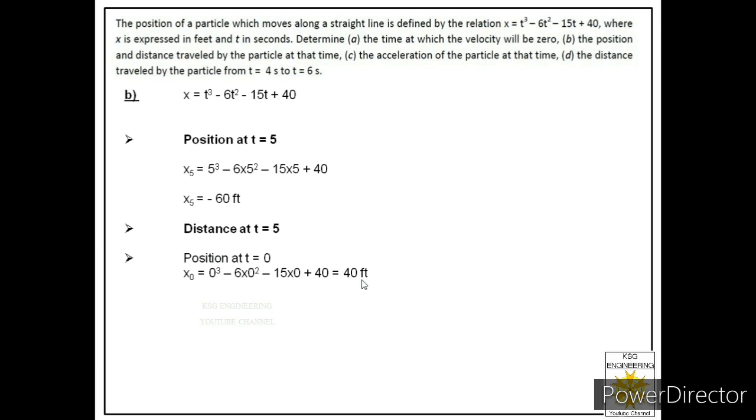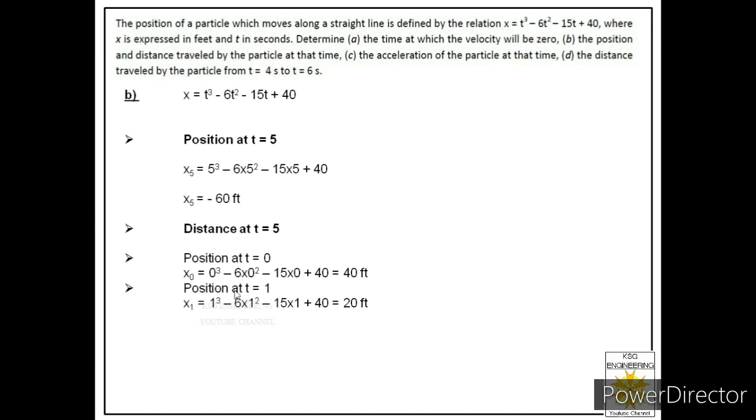And after this we will see what was the position of the particle after 1 second, that is time equal to 1 second. Again we will replace the value of t in this equation, but this time by 1 second. From that equation we will get the position of the particle x1 after 1 second, and we have found that it is at 20 feet from origin.